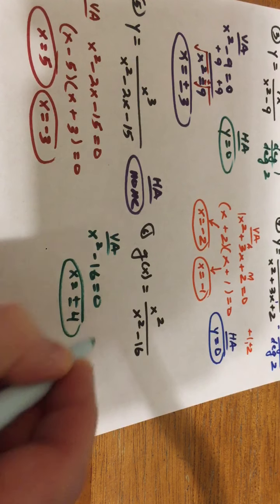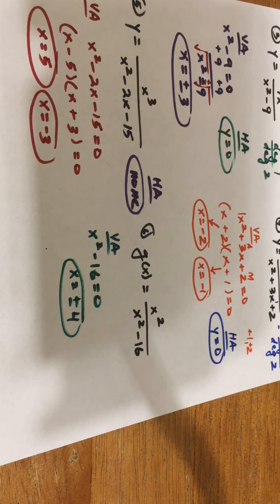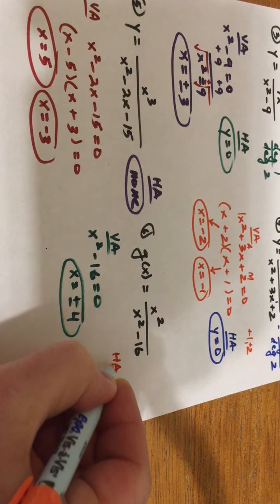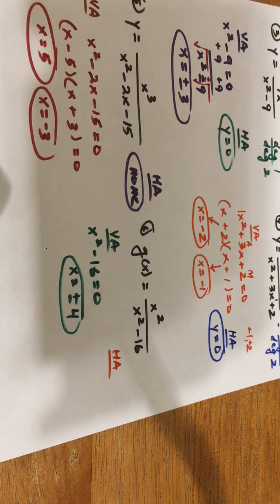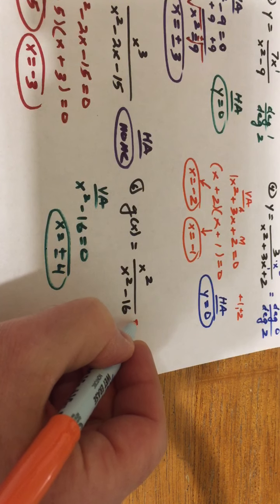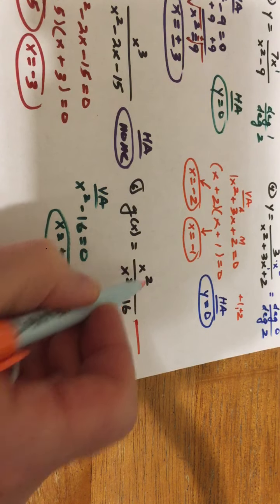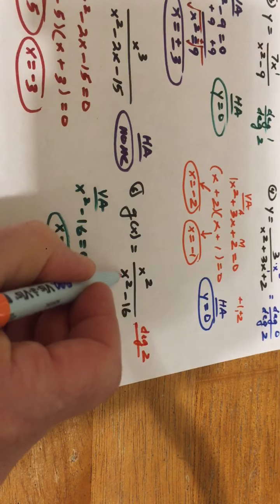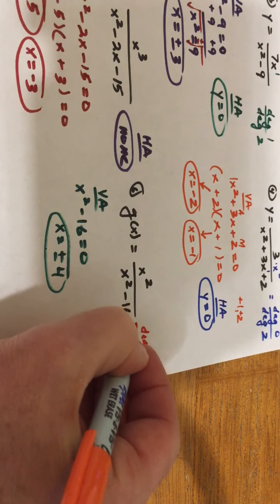So we have two vertical asymptotes. Let's take a look at the horizontal asymptote, and this one is a little bit unusual. As we look at the horizontal asymptote, in the numerator right here we have degree 2. In the denominator we have degree 2 as well.